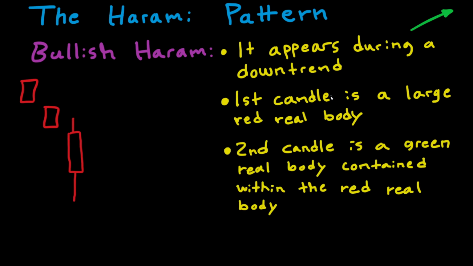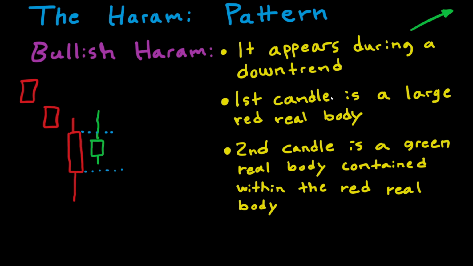And the second candle here is a green real body that is contained within the red real body. So it might look something like this. By being contained, we mean that the open and close price of the prior candle engulfs the green one.